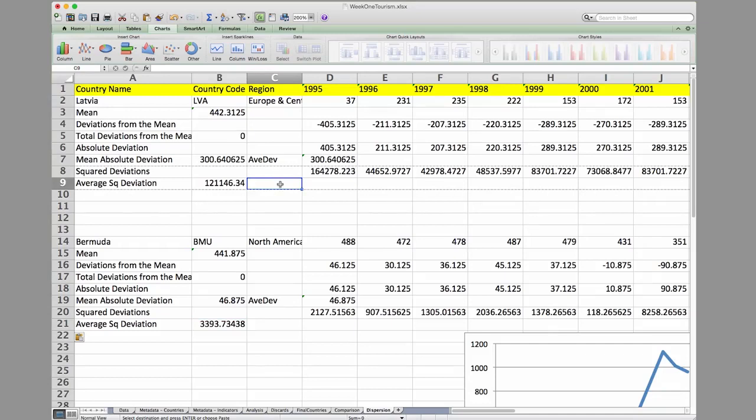So I will call this variance in this cell and I will calculate that by taking VAR.P of whatever is in D2 through S2. And I get pretty much the same numbers. Once again, we see that the variance of the receipts for Bermuda is orders of magnitude less than that for Latvia. So many ways to talk about variation.